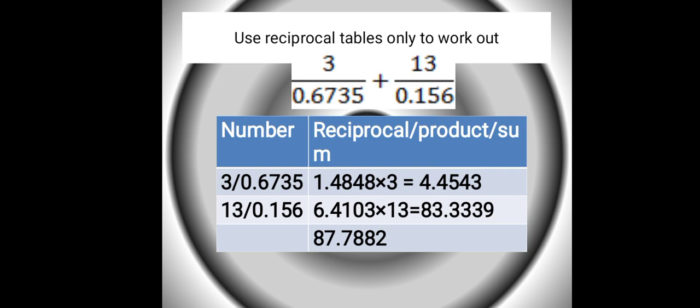You get 4.4543. The reciprocal of 0.156 is 6.4103 multiplied by 13. We get 83.3339. Add the two. We get the answer as 87.7882.